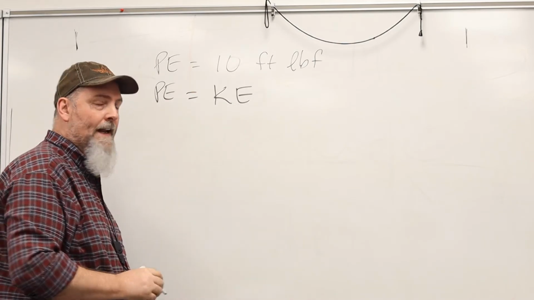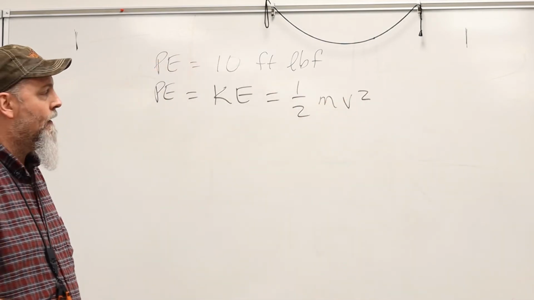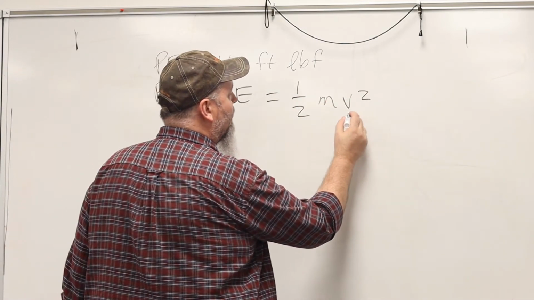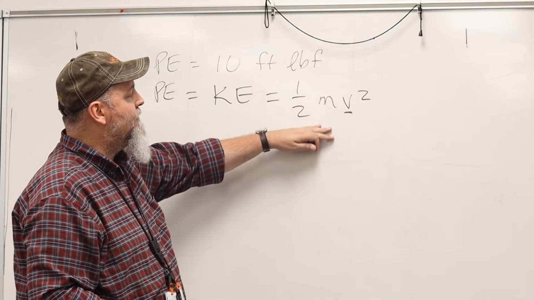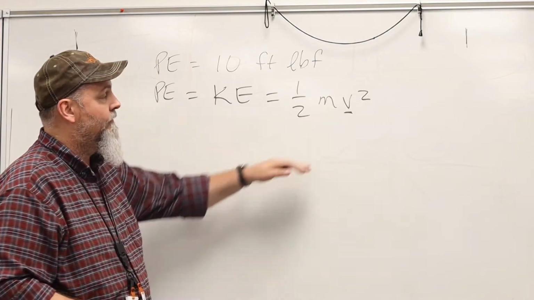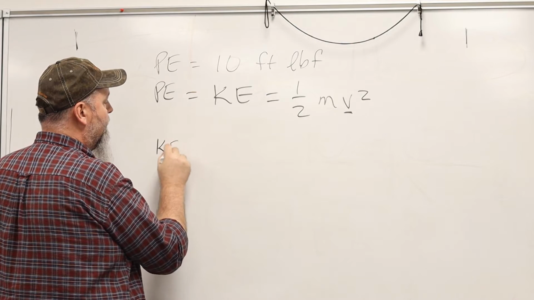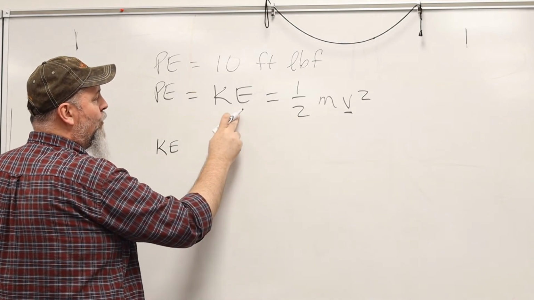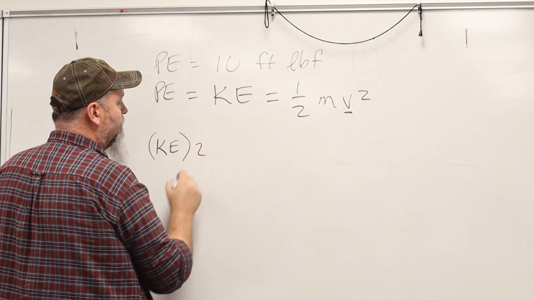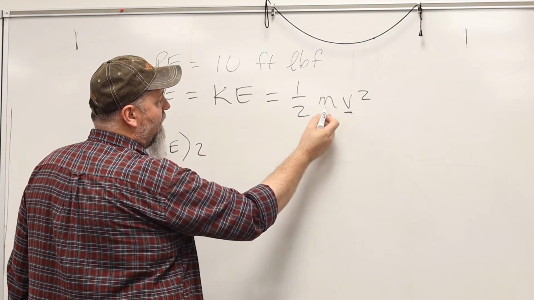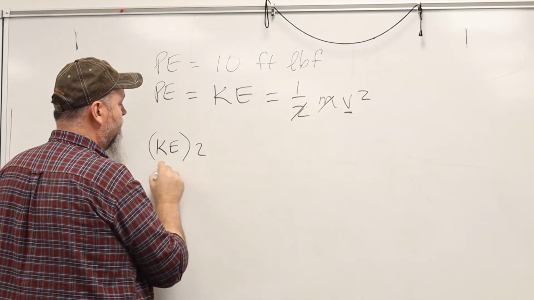Well, the equation for kinetic energy, 1/2 mass velocity squared. Well, what we're trying to solve for is the velocity. So let's rearrange this equation. Kinetic energy, I'm going to bring the 2 over, divide by it, and then bring the mass over.